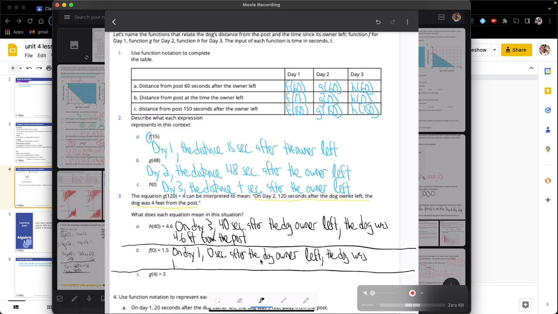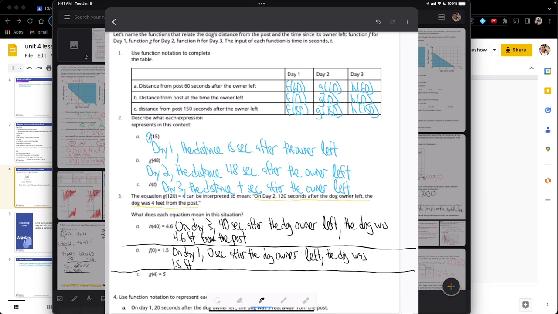So the dog was 1.5 feet from the post. On day 1, 0 seconds after the dog owner left, the dog was 1.5 feet from the post.